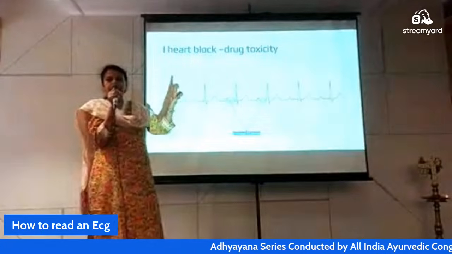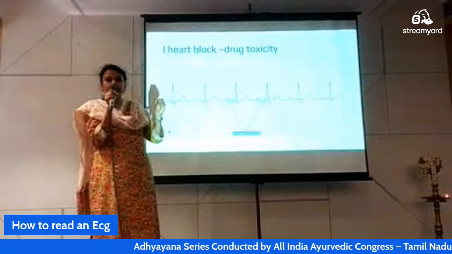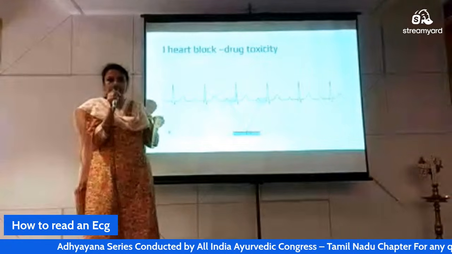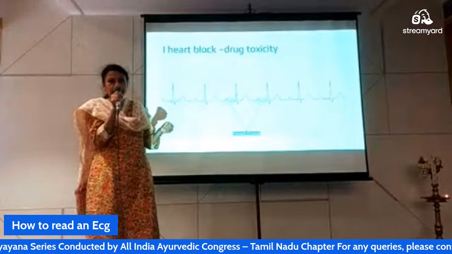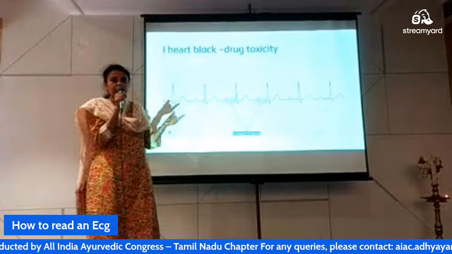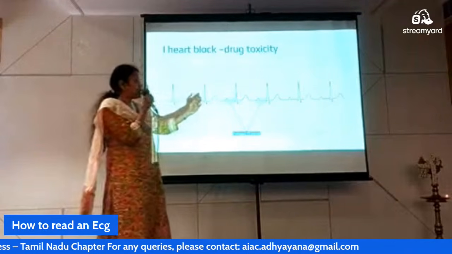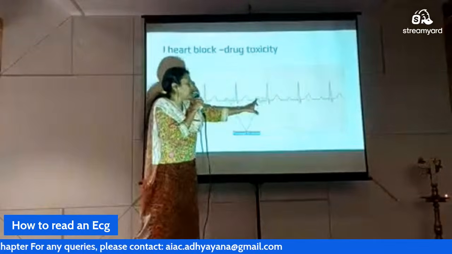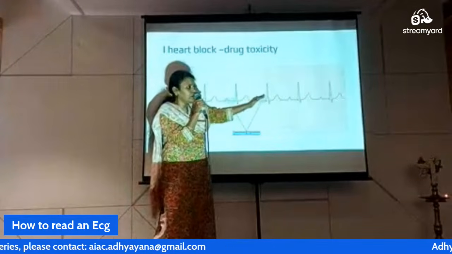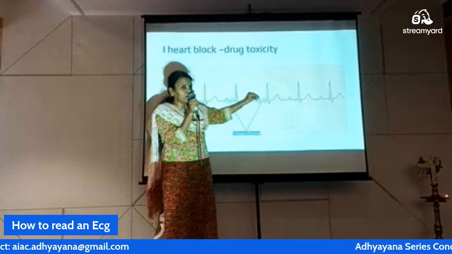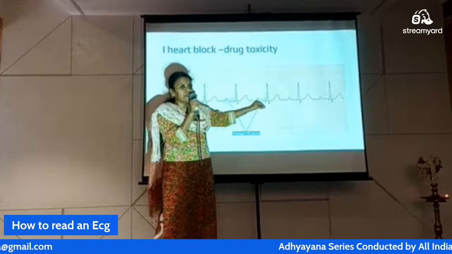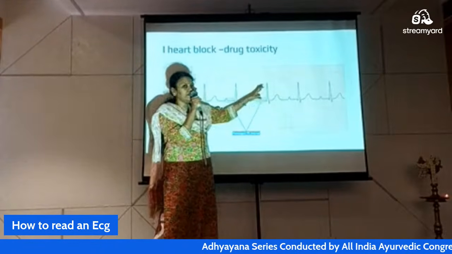Where will you get this? Cardiac patients will all be taking beta blockers, like metoprolol, etc. That drug, as a side effect, prolongs the interval between the P wave and the QRS complex. So there is a big gap. It takes so much time for the impulse to pass slowly from the SA node to the AV node, and only after that does the ventricle contract.